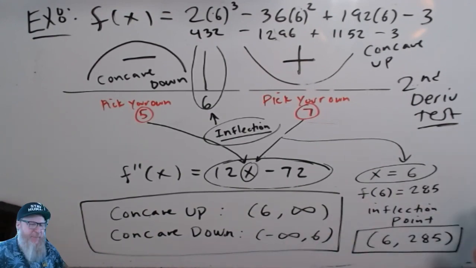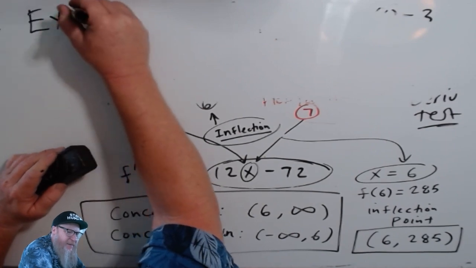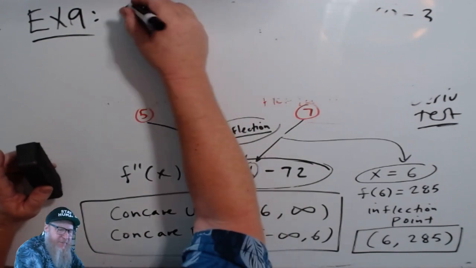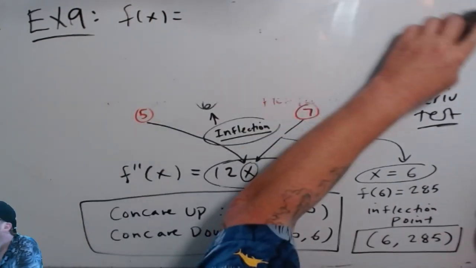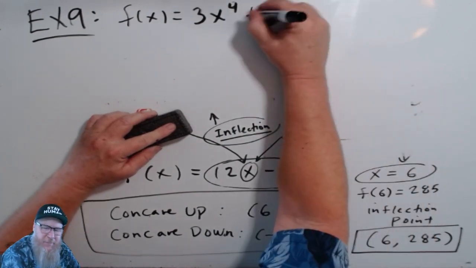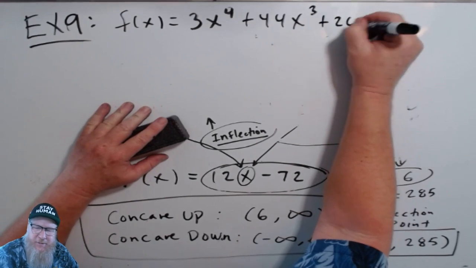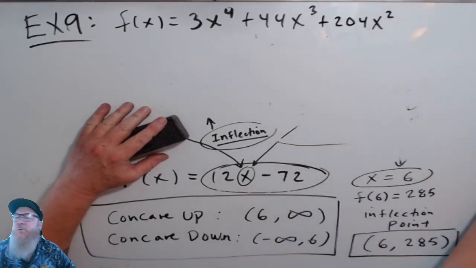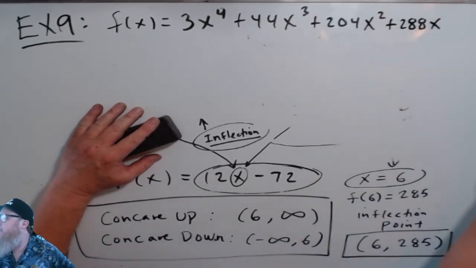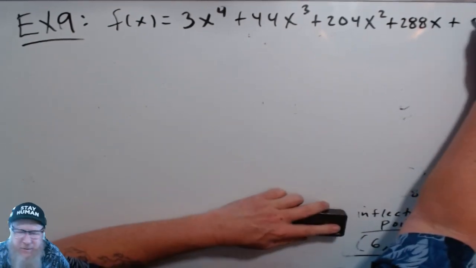I gotta step it up a degree to quartic. f of x is 3x to the 4th plus 44x cubed plus 204x squared plus 288x plus 9.